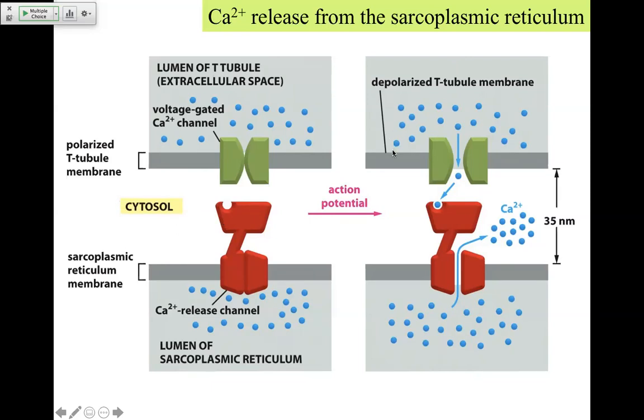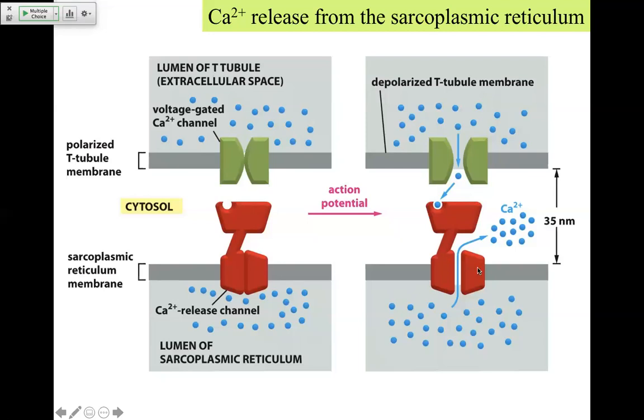When the plasma membrane is depolarized by receiving that signal from the motor neuron, that results in depolarization of the T tubule membrane, which results in the opening of the calcium ion channel, letting into the cell just a tiny bit of calcium, which binds to a channel on the surface of the sarcoplasmic reticulum.